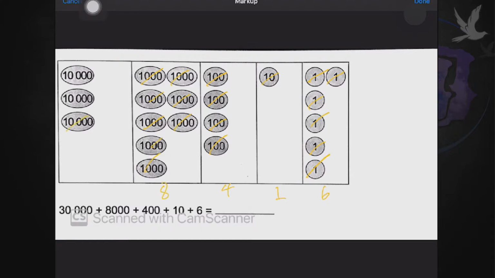And you have 1, 2, 3 units found in the 10,000s place. So if you're going to write down these digits here in the blank, that sums up to 38,416.